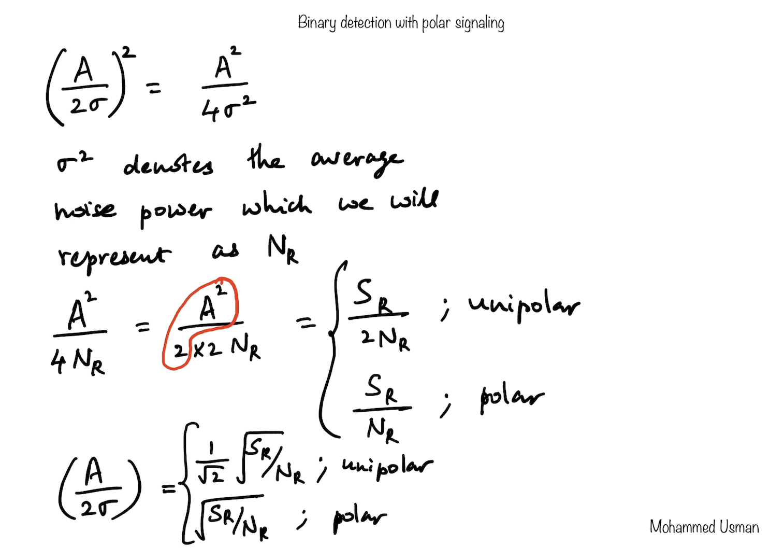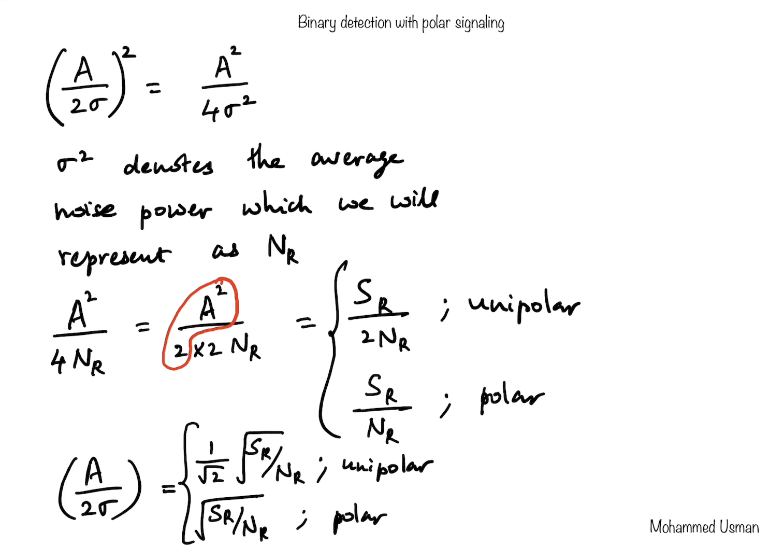So we clearly see what this A by 2 sigma represents in the unipolar case and in the polar case. We see that the A by 2 sigma is having a factor of root 2 in the denominator, and because root 2 is greater than 1, it's 1.414, that means this term is smaller compared to this term, right?